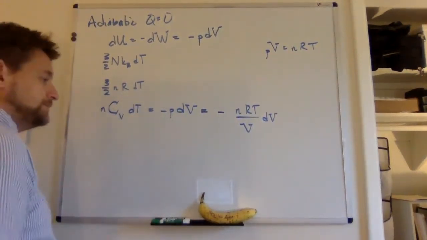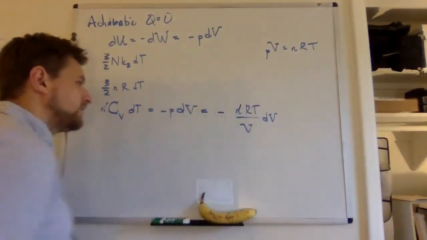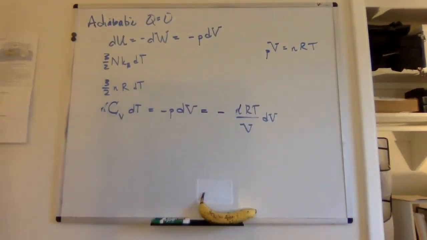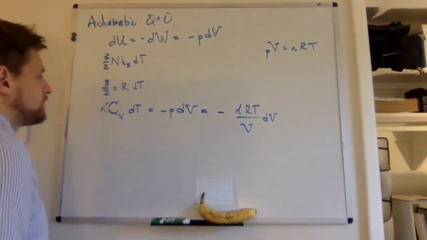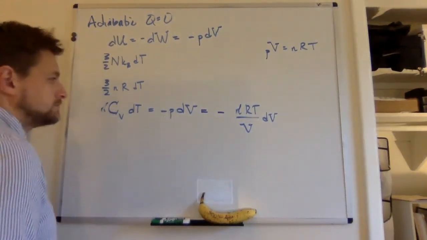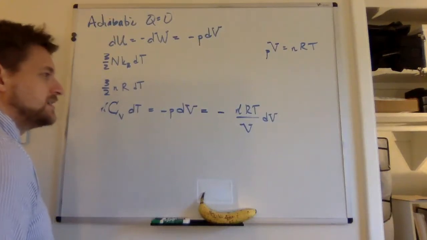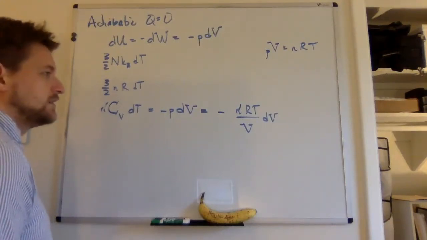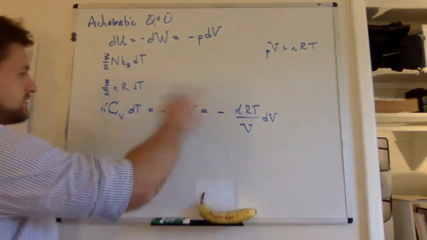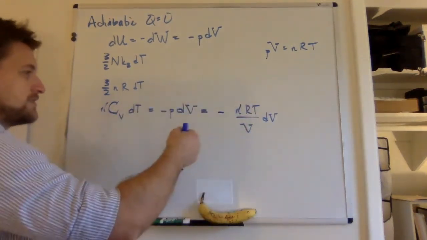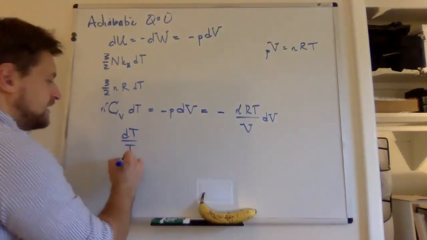So we've got the number of moles on both sides. We can cancel that. Let's get the T's on one side and the V's on the other side. So we've got dT over T. Actually, you know what?